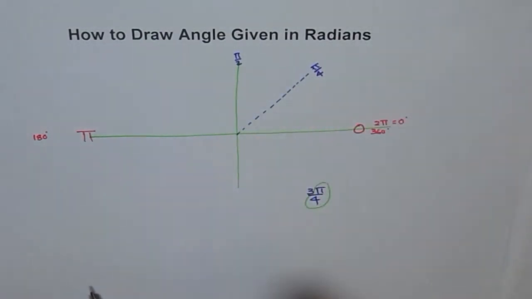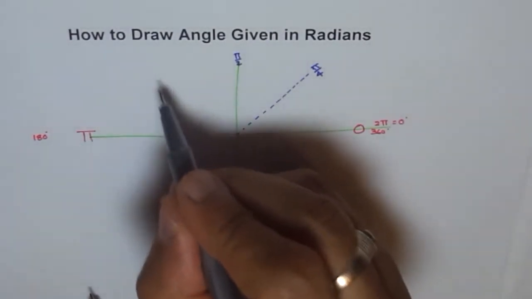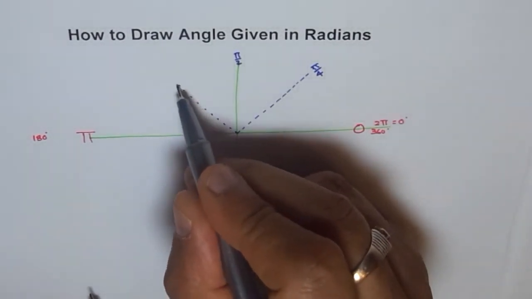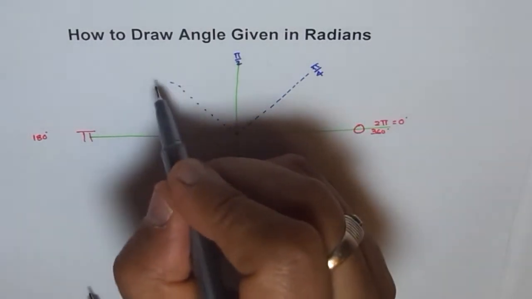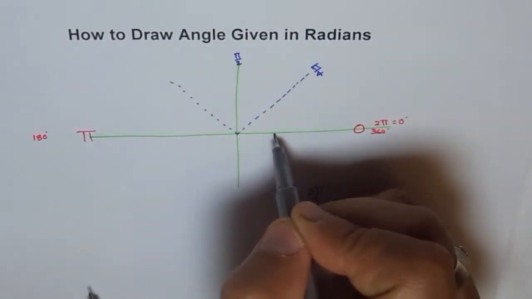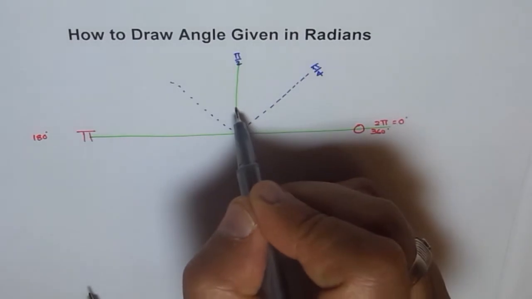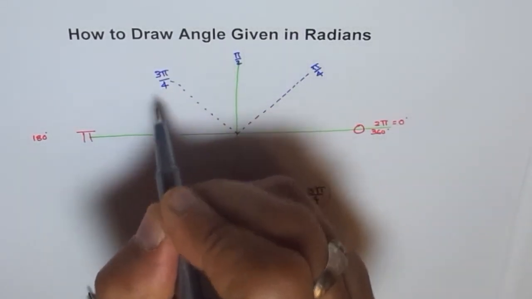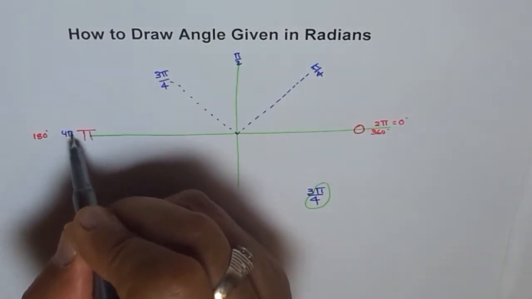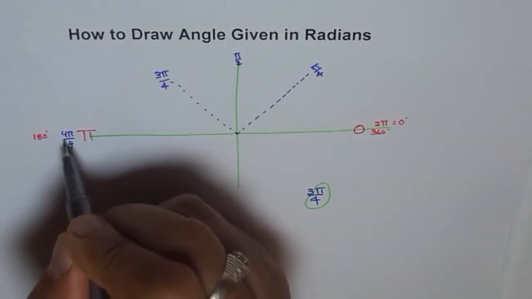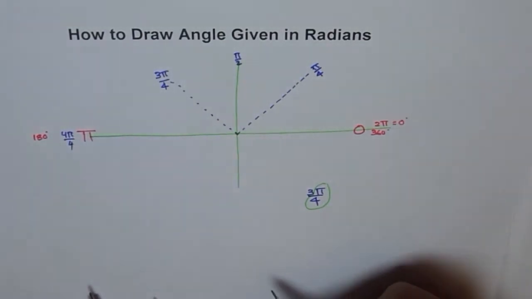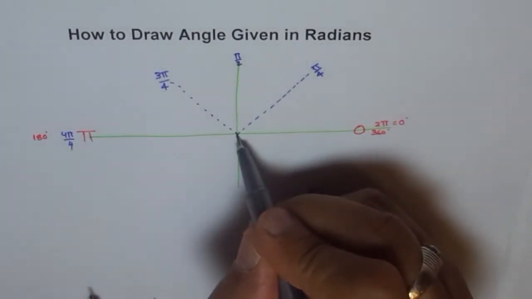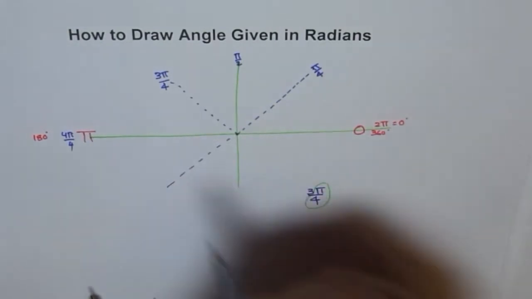Similarly, we'll divide this part also exactly like this here, correct? And so we have another pi by 4 here. So it becomes 1 pi by 4, 2 pi by 4, and this becomes 3 pi by 4. And then this should be 4 pi by 4. If I write 4 pi by 4, 4 cancels, we land with pi, correct? So that's perfectly fine. Let me divide these coordinates also like pi by 4s, right?